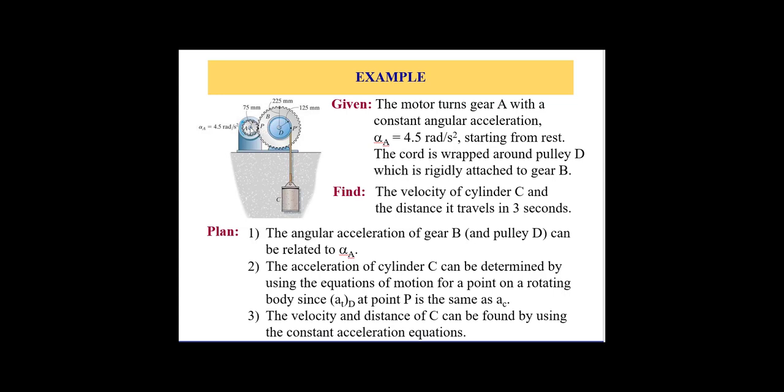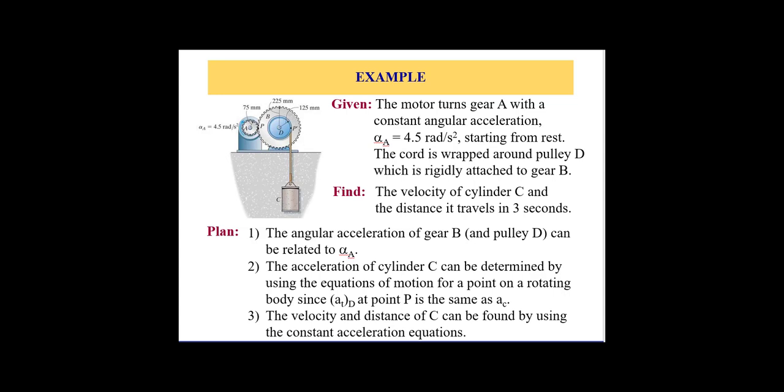So omega A multiplied by R A, which provides the velocity of P, equals the velocity of P from B, which is omega B multiplied by R P, seen by gear B. This relationship will give us the relation between omega A and omega B.